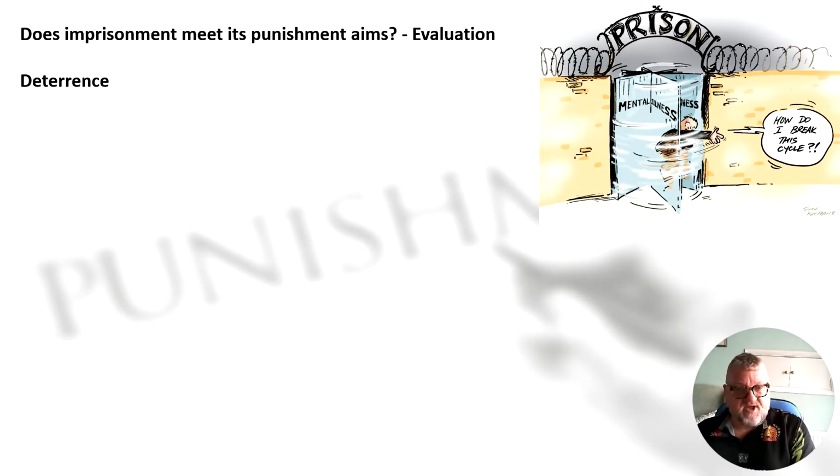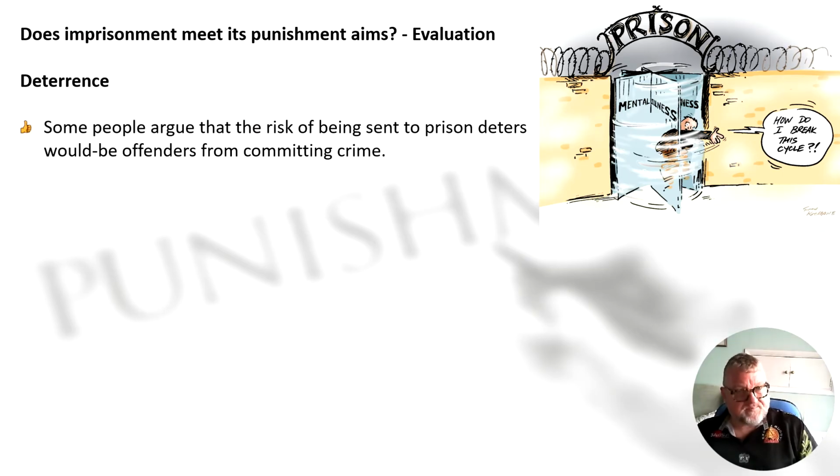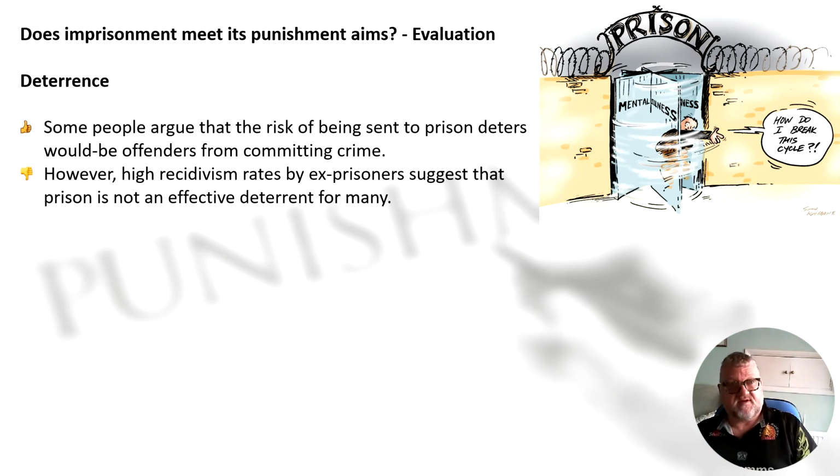When it comes to the aim of deterrence, this is a little more interesting. Some people argue that the risk of being sent to prison deters would-be offenders from committing crime, acts as general deterrence. So in that case, you could argue that's a good thing, it's effective.